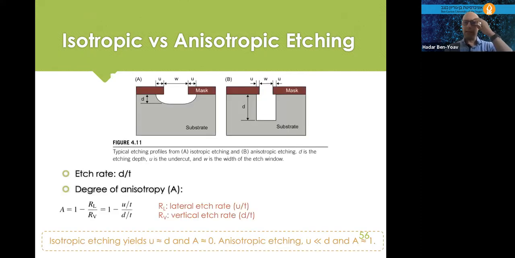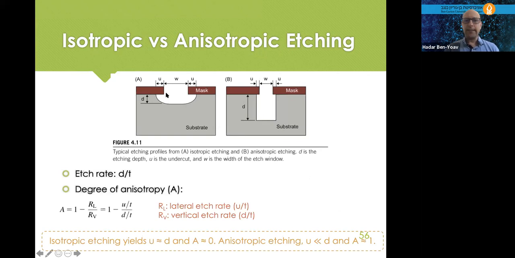And how do we calculate it? We calculate the anisotropy, which is A, the degree of anisotropy. For that, we look at how much it was etched towards this direction, and how much it was etched towards this direction.